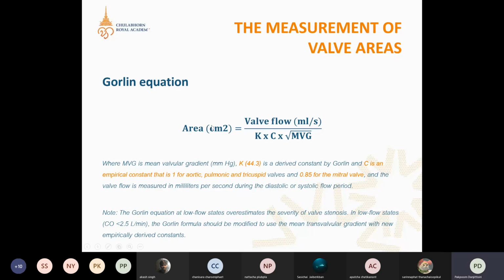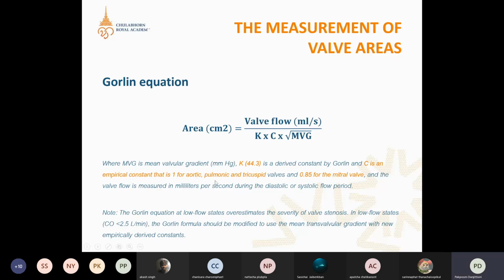The area equals valve flow divided by K, which is a constant, multiplied by C, which is a constant as well, but it is an empirical constant.